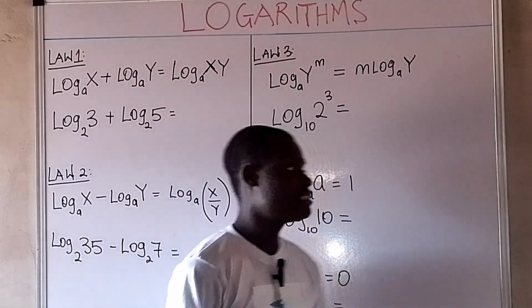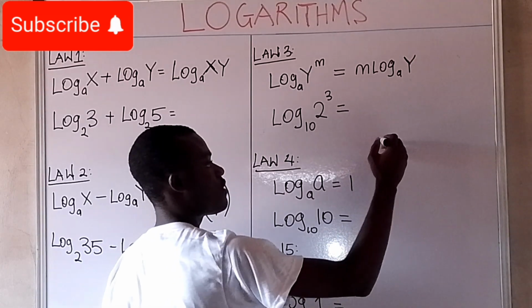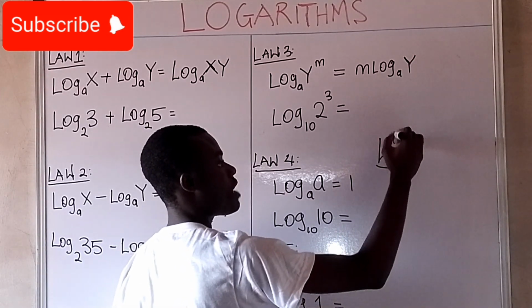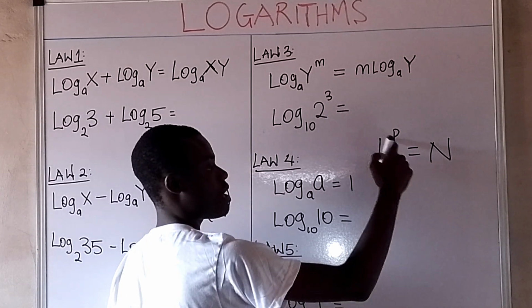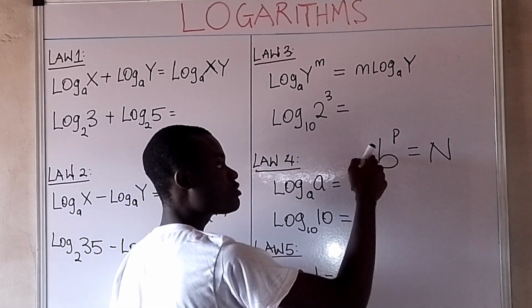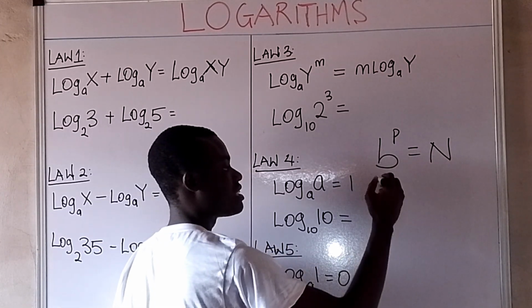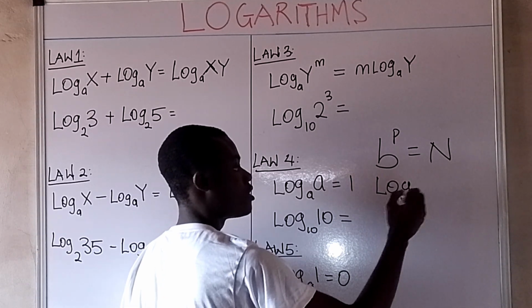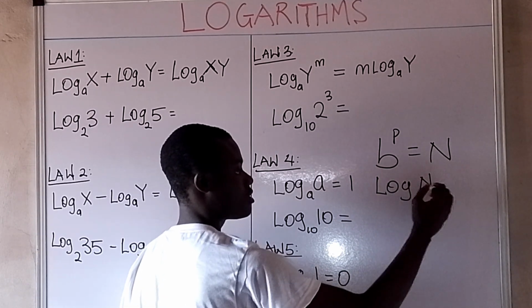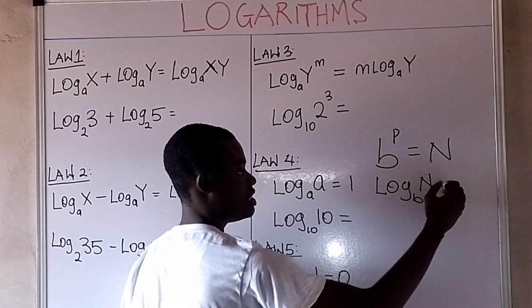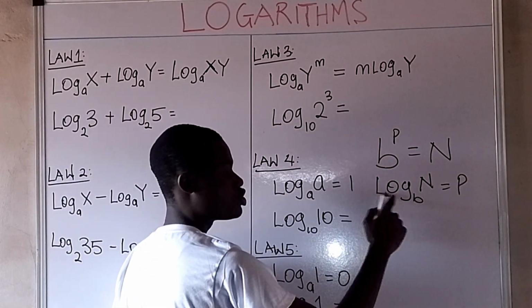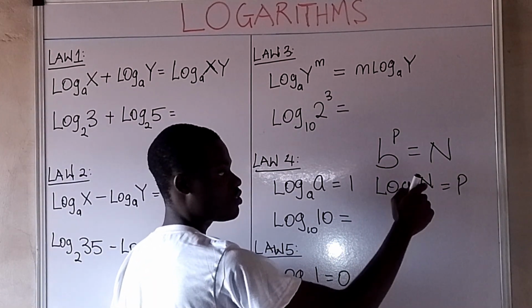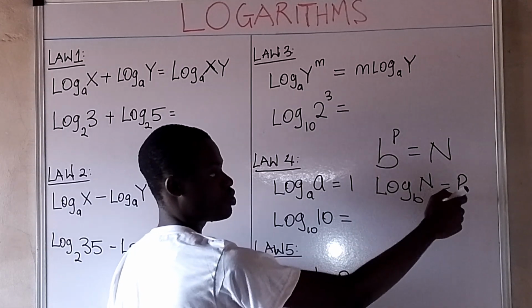Now let's take a look at this number in index form. Let's say we have b raised to a power p is equal to n. This is the base, this is the power, and this is the number. In logarithm, we are going to write this as log of n to the base b is equal to p. So logarithm means what is the power to which b must be raised to give us n, and that power is p.